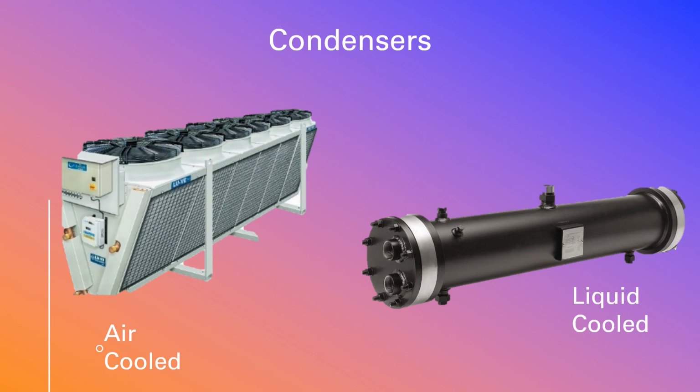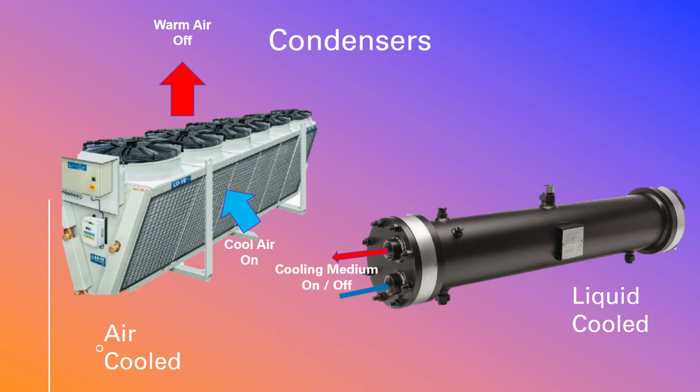In the case of the air cooled unit, we have the cool air going on to the coils and the warm air coming off, whereas on the liquid cooled we have the cooling medium, which is generally water but can be other substances. We have the cool water going on and the warm water coming off. And then we would have the hot refrigerant gas going in and the cold liquid refrigerant coming out.